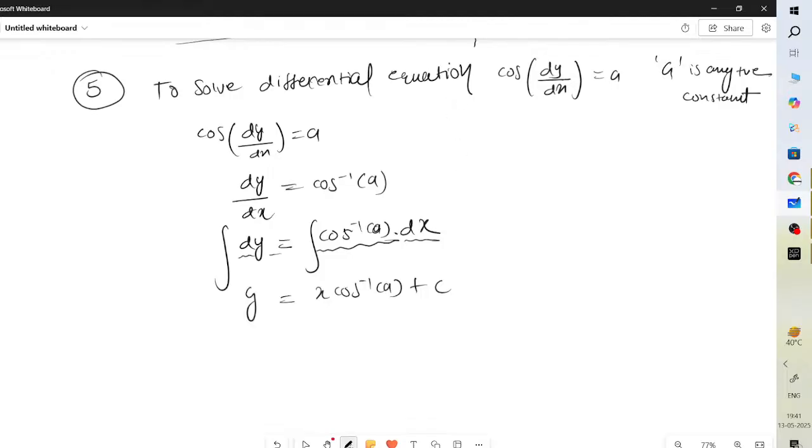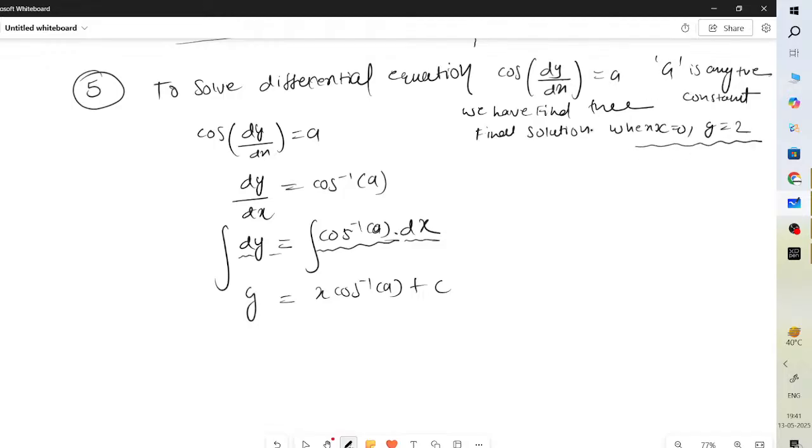We have to find the final solution when x is 0 and y equals 2 in the given condition.